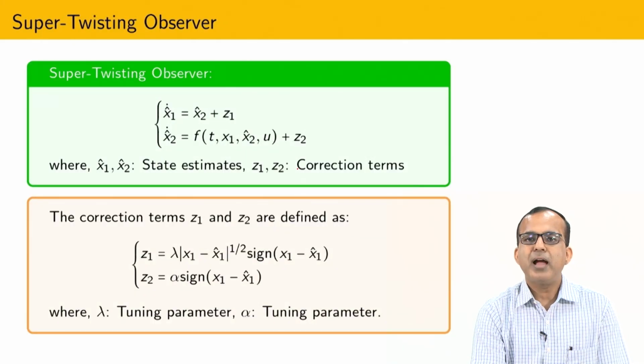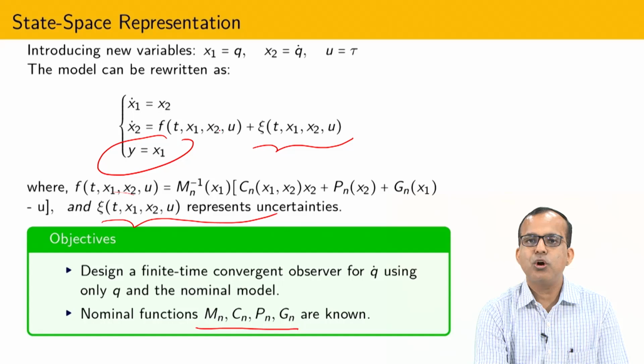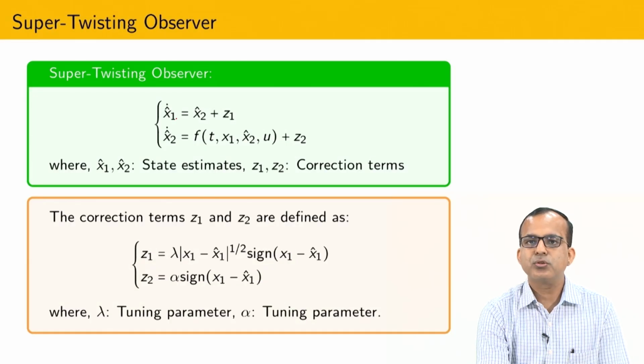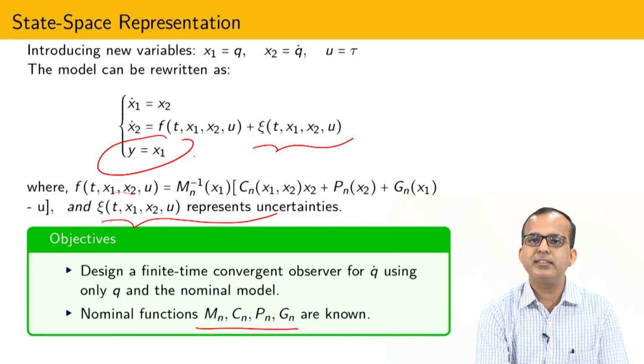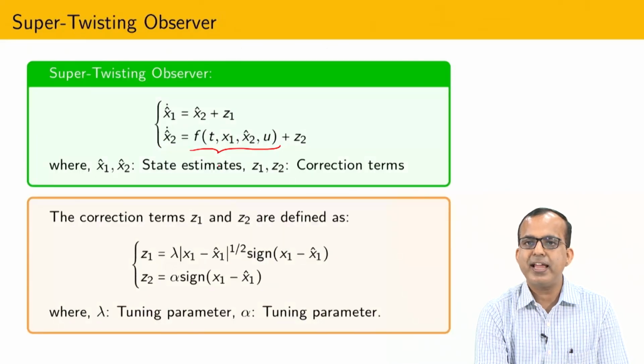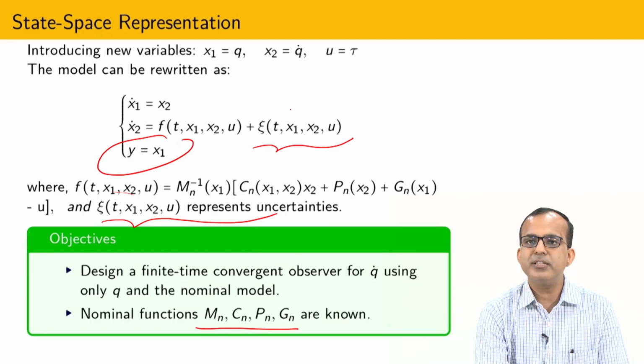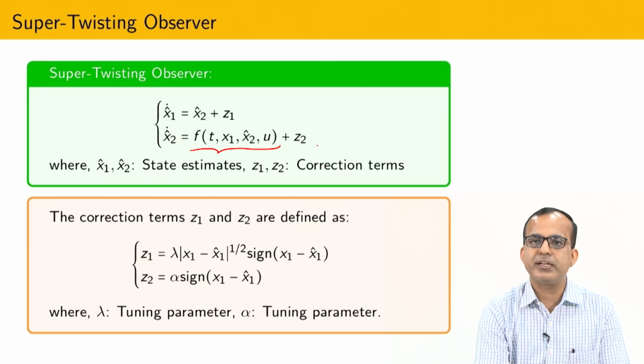Now I am going to construct the observer. How to construct the observer? Whatever is known, you can copy. So x1 and x2 I am going to copy. This term I am assuming is known, and for that reason I have copied it during the copying process. But this term is completely unknown, so I am not going to copy it.